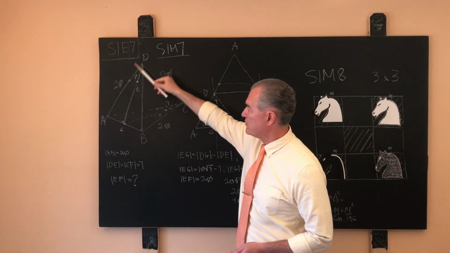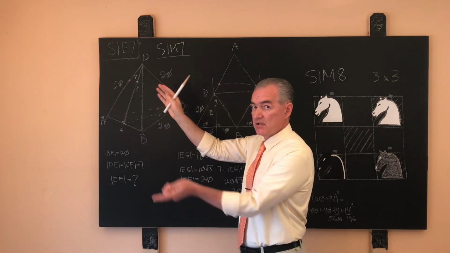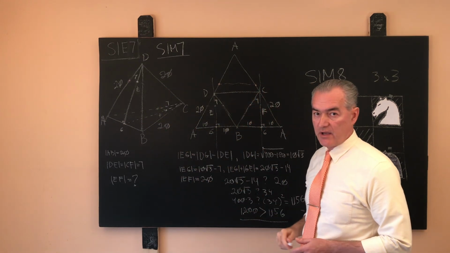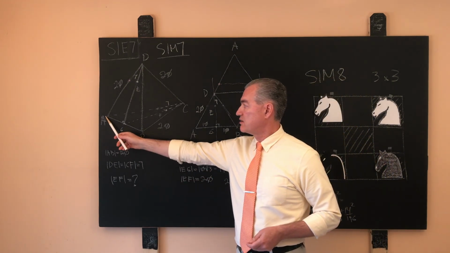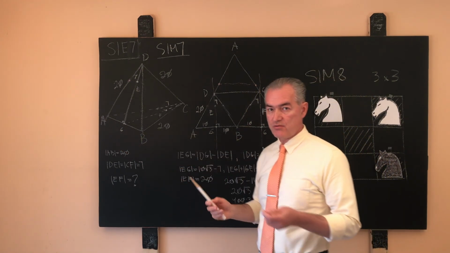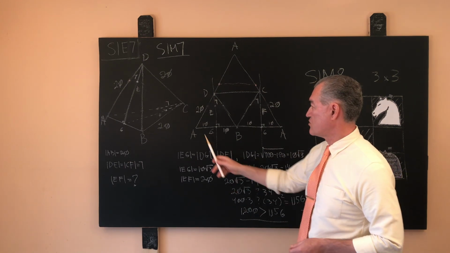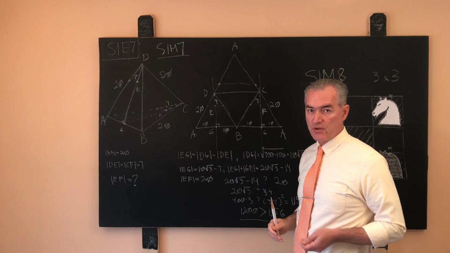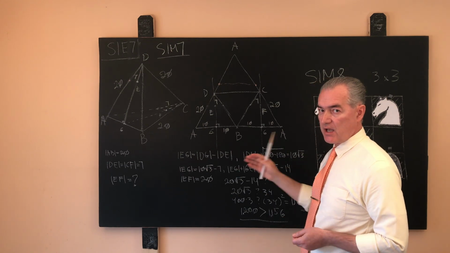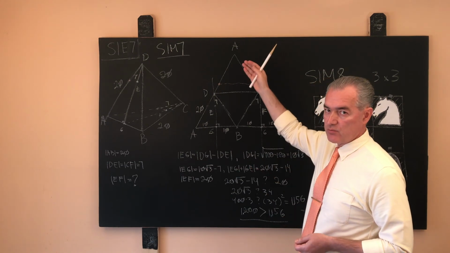Consequently, when we open up these 3 faces, like a flower, of a regular tetrahedron into a net, then the vertex A splits into 3 distinct copies of itself, shown here, here, and here, and I did not bother with naming these vertices A prime, A double prime.